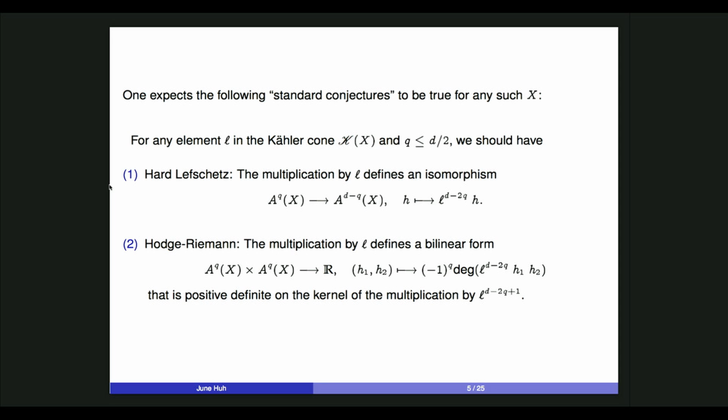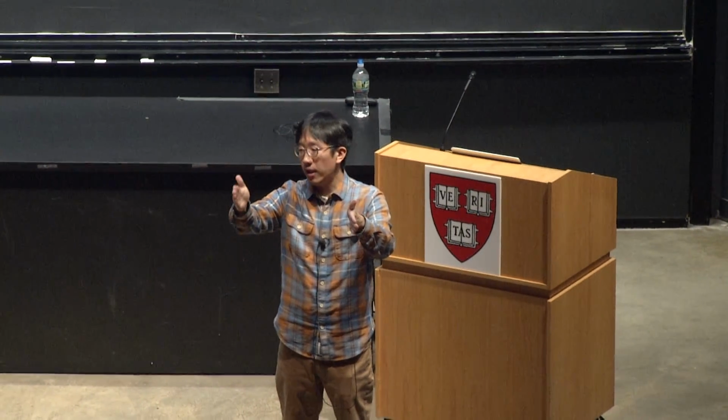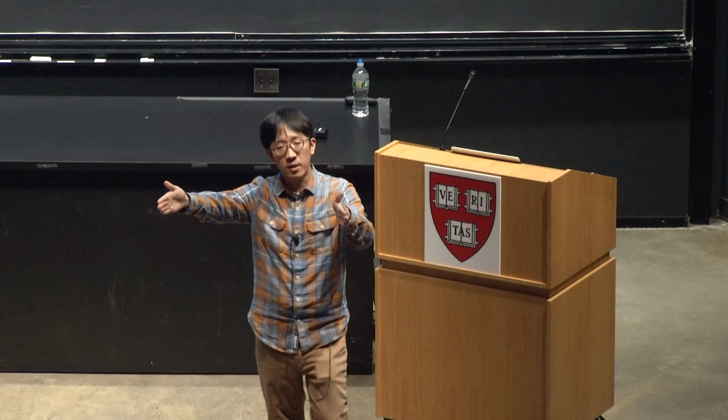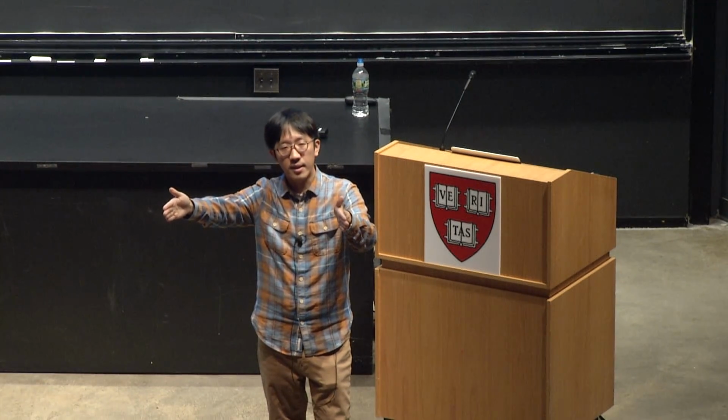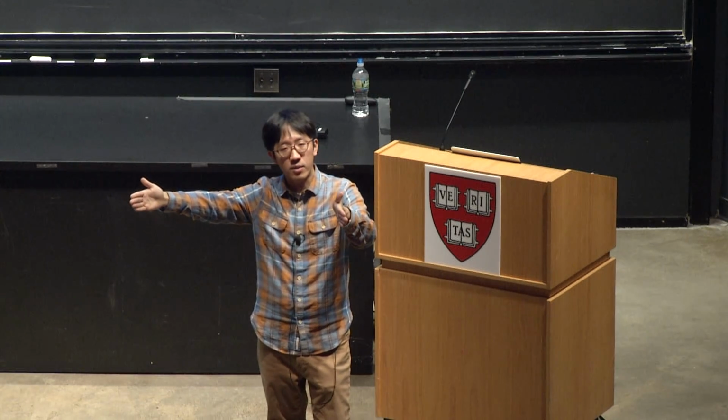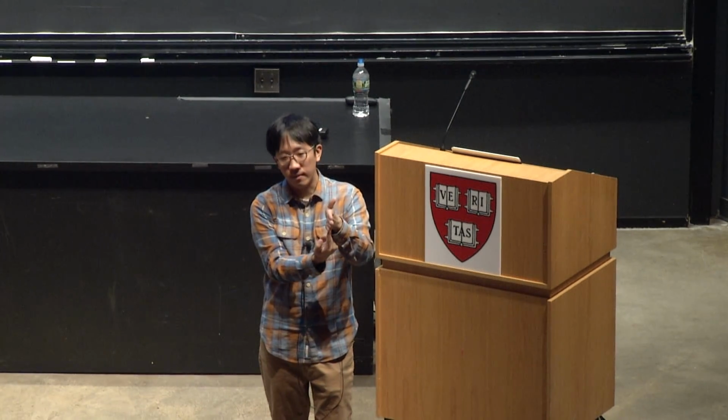So let me explain these exponents. If you start from the Q's graded piece and start multiplying by L until you arrive at the complementary degree, the Hard-Lefschetz theorem predicts that this is an isomorphism. But if you go one step more by multiplying by L one more time, then it will no longer be an isomorphism, and it will create a kernel.